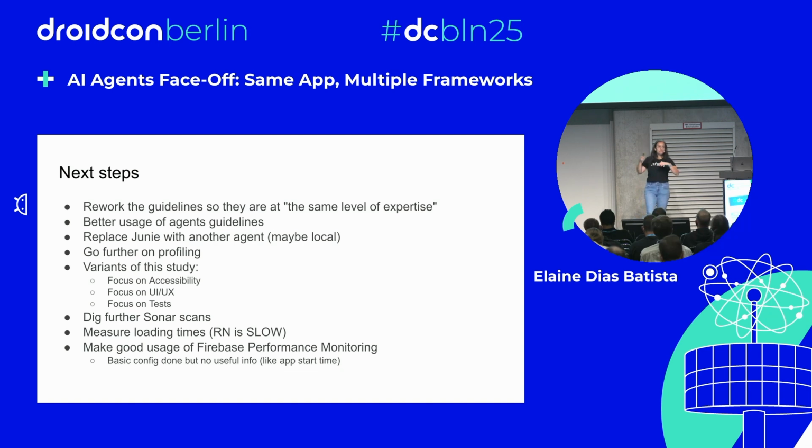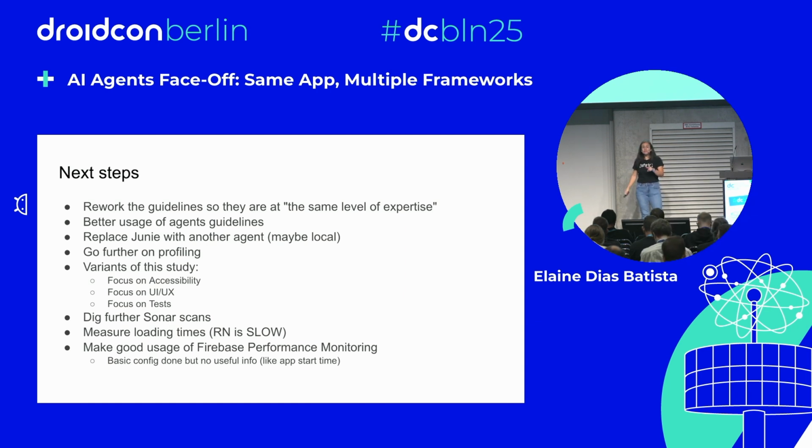Go further on profiling. I gave some metrics, but I think we can go further. There's a bunch of variants that we can do with the study: focus on accessibility, UI, UX tests. And also, as I said, I should have set up my Sonar projects better. Measure loading times, because the React Native apps were ultra slow. I mean, the loading screen took forever to show the list and the map.